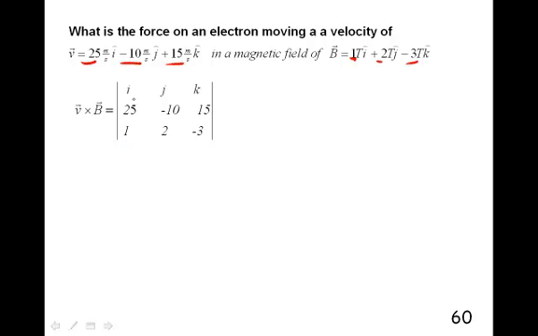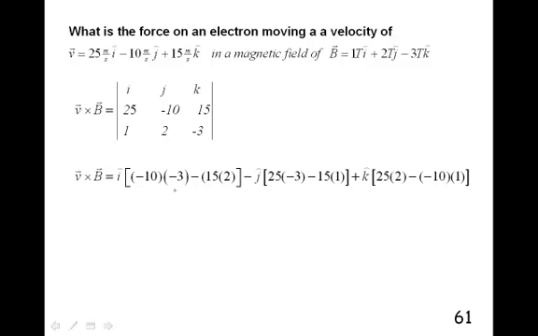Then I first compute the I component. I'm going to get rid of these two, and I'm going to have -3 times -10 minus 2 times 15. There it is. I forgot one of my little parentheses there, it looks like.